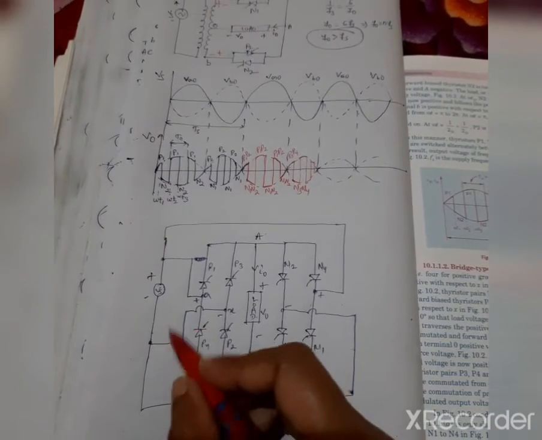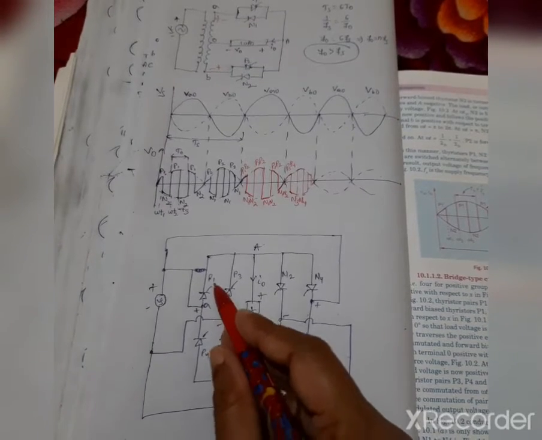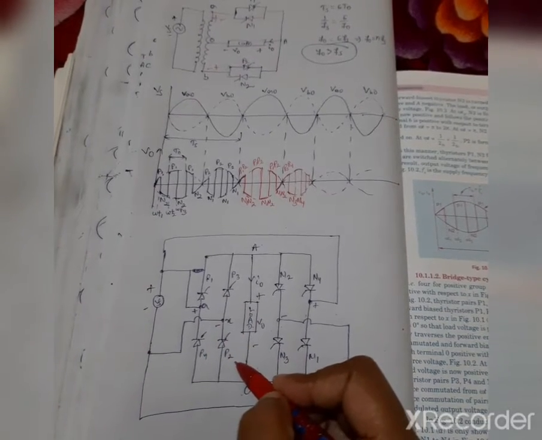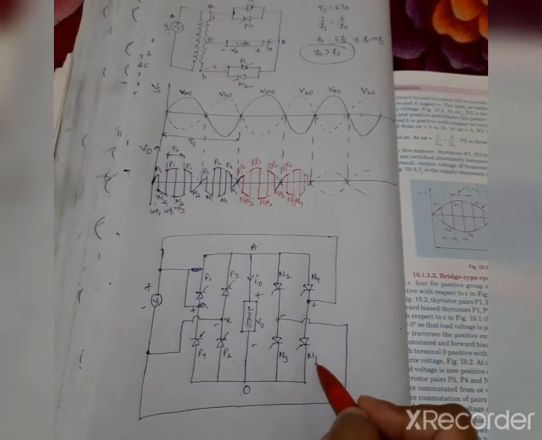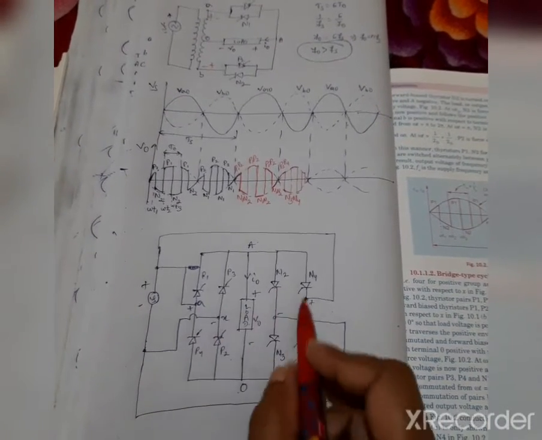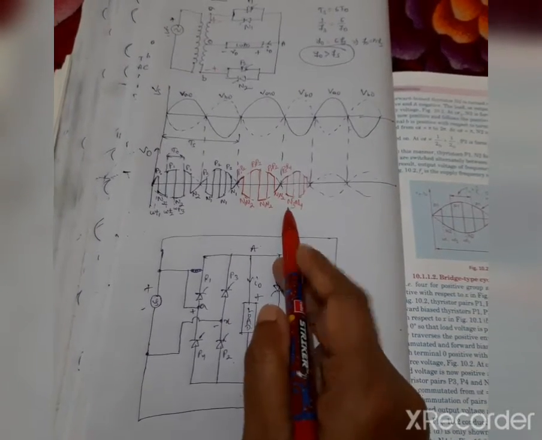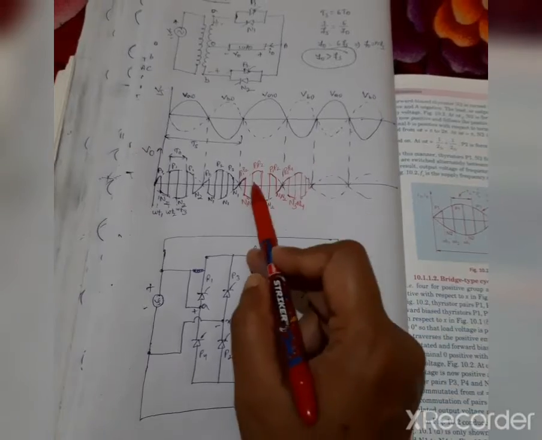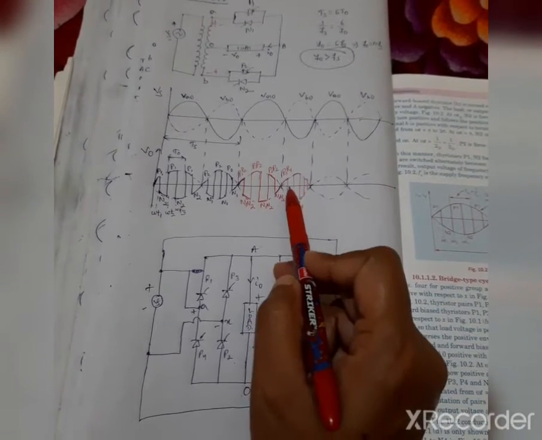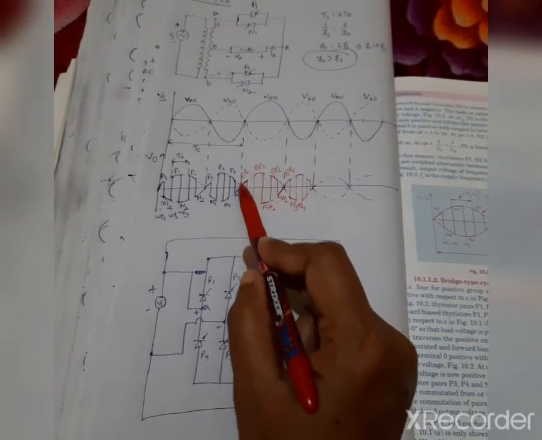So here also when the positive half cycle appears, P1 and P2, and then N1 and N2 are forward biased. For this circuit diagram, I draw the waveform here, for another complete cycle. You can draw this waveform from the starting also. Let's assume this is our starting point.